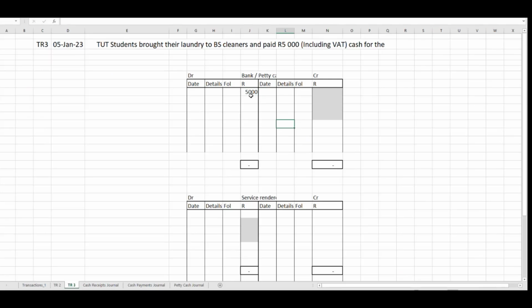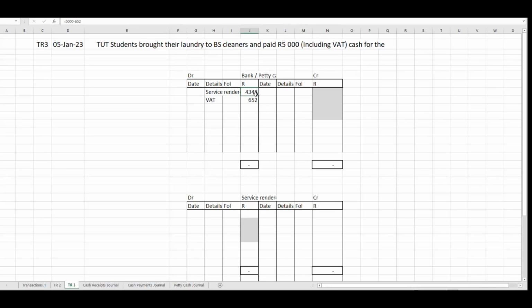So in other words, you can also say 5,000 rands minus 652. This is for services rendered, and there is VAT of 652. It still goes back to 5,000 rands.